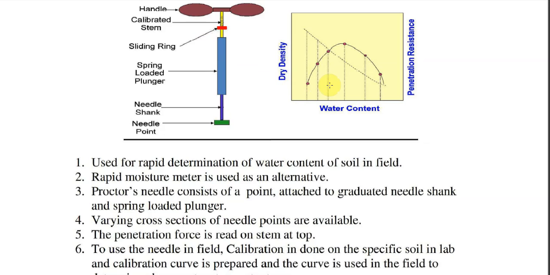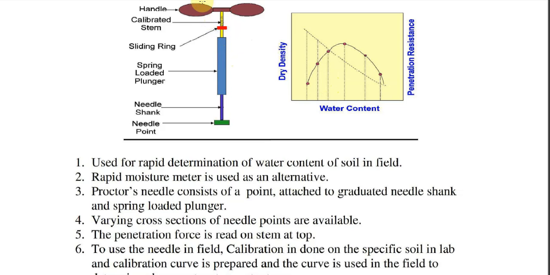So for trial one, water content was 8%, and we'll record the penetration force of the needle. For trial 2, water content is 10.5%. Again, we will record the penetration force of the needle. For trial 3, water content was 12%. Again, we'll record the penetration force.